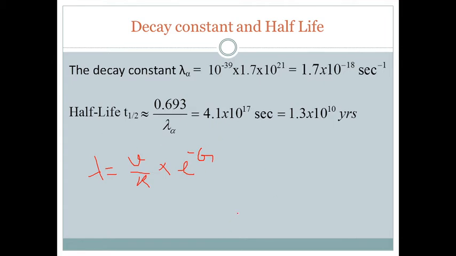So when I put all these values here, I get the decay constant as 1.7 raised to minus 18 per second. From this I calculate the half-life, and the half-life turns out to be 1.3 into 10 raised to 10 years.